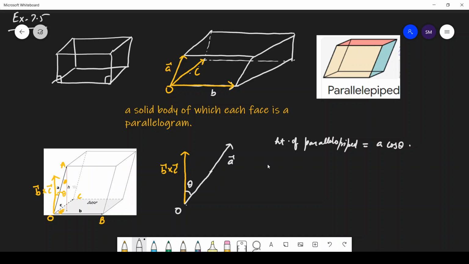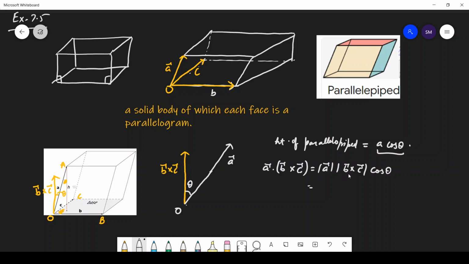Okay, now let us find A dot B cross C. So what is A dot B cross C? How do we write the dot product? Magnitude of A into magnitude of B, so here your B is B cross C, and into cosine of angle between them, and that's equal to, see what is base, what is height? Height is A cos theta. So let us write A cos theta together.